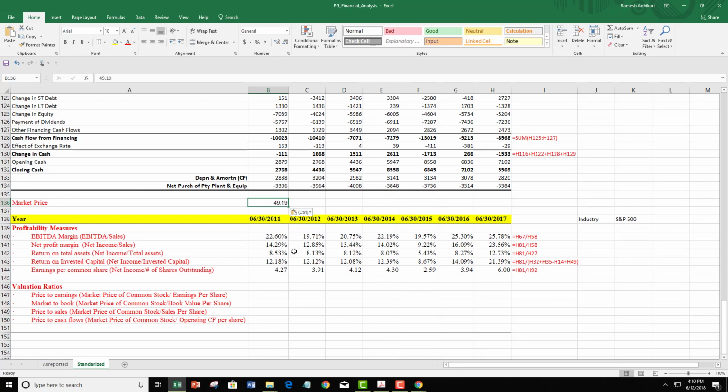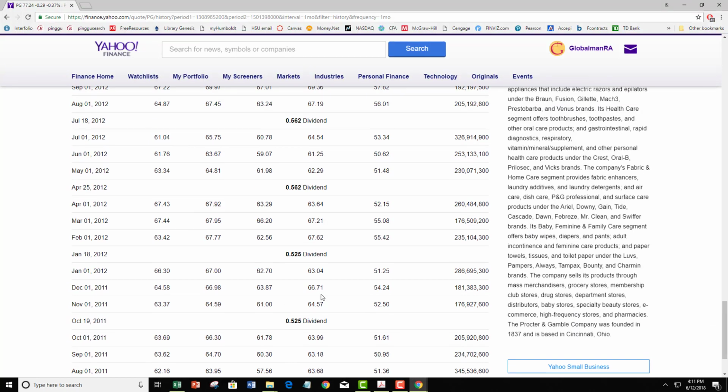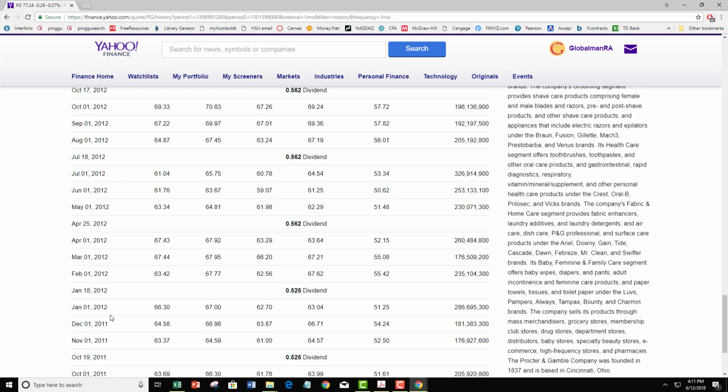Similarly, now I can find the price one year later, on 6/30/2012. Right here it is June 30, 2012. I might not have June 30, but I do have July 1, 2012, so I'm going to get the price on July 1, 2012, which is 53.34.